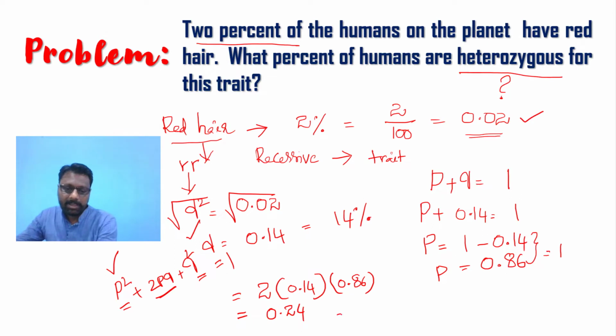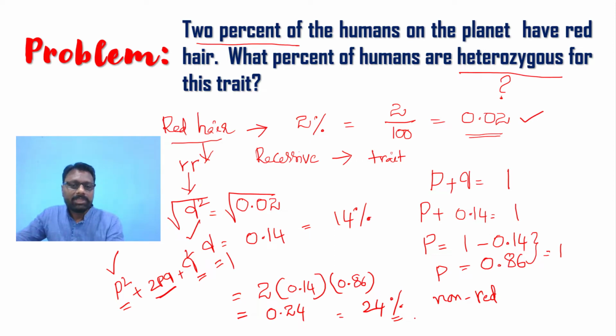It means 24% of the population on this planet have the heterozygous condition for this trait, that is, non-red hair individuals with the heterozygous condition are represented by 24%. In this way we can solve the problems based on the Hardy-Weinberg equation.